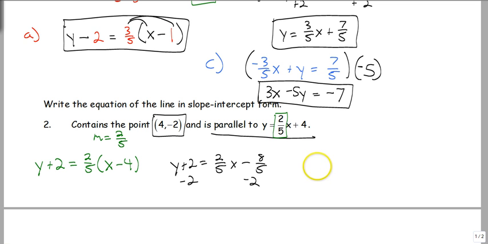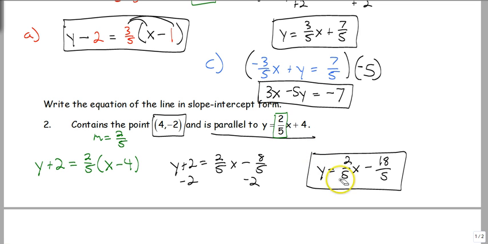And I get my answer, y is equal to 2/5 x minus 18/5. And there is my equation in slope intercept form of a line that is parallel to that one. Again, quick double check. A slope of 2/5, slope of 2/5, parallel. Okay, so let's keep going.